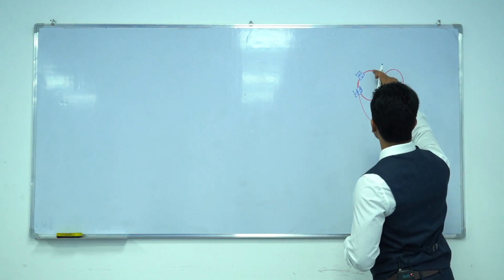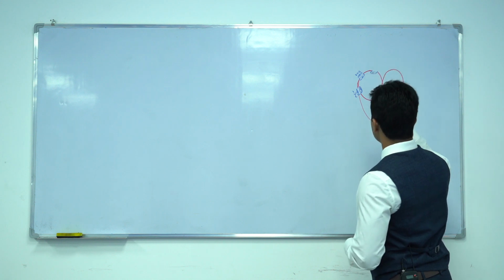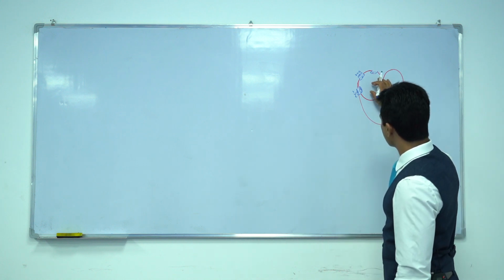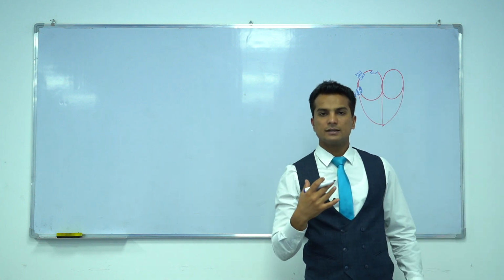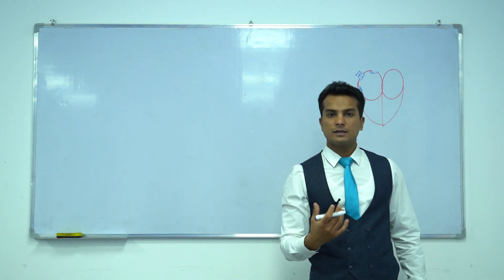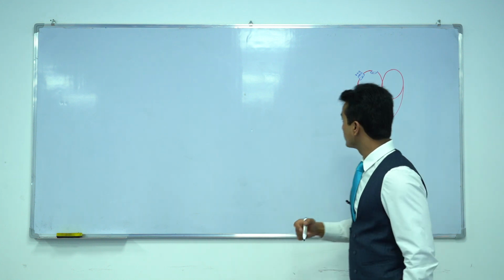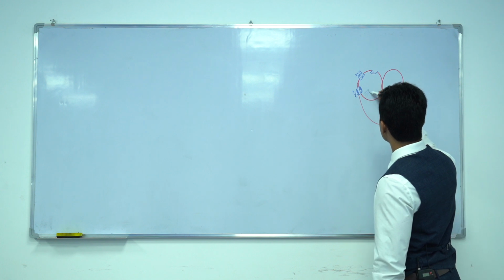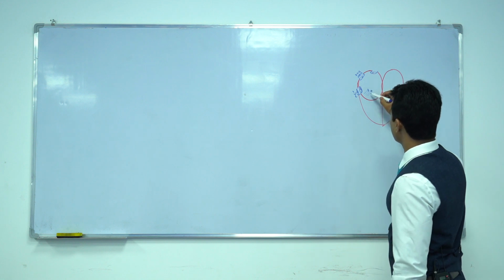Let's suppose here is the coronary sinus, okay? And from the anterior surface of the right atrium and right ventricle, the deoxygenated blood is transported to the right atrium through two anterior cardiac veins. So let's suppose these are the two anterior cardiac veins.